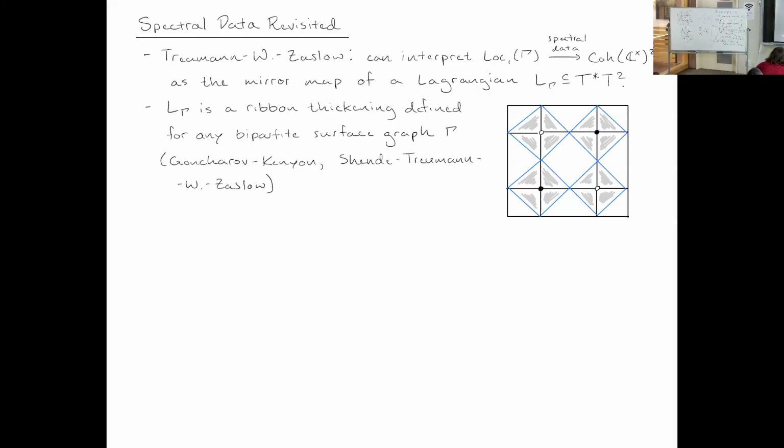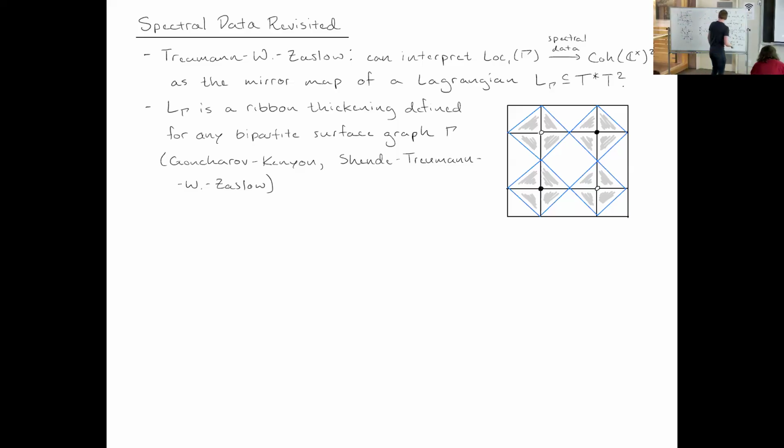So the fact that L gamma retracts onto the graph tells you that local systems on L gamma are the same as local systems on gamma. But then mirror symmetry tells you that local systems on L gamma parameterize some family of objects in coherent sheaves. And our claim was that for this choice of Lagrangian, that mirror map is exactly this spectral data construction.